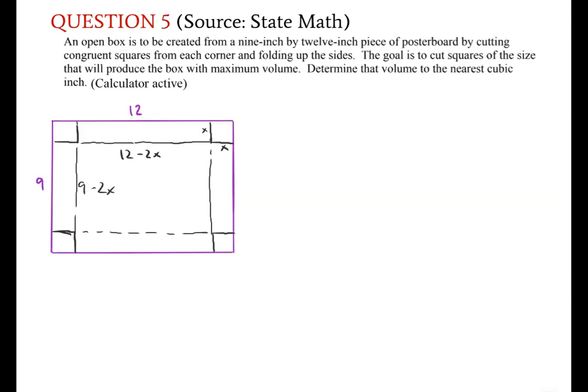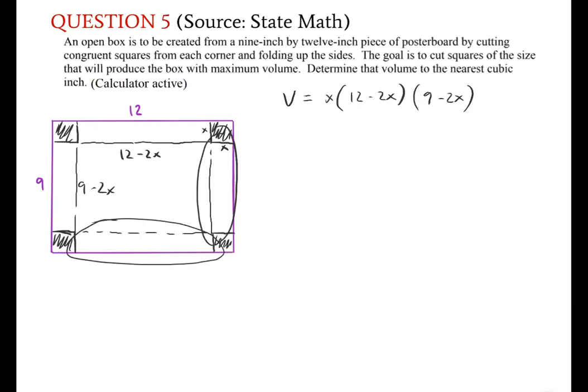And that means that the volume of the entire box is x times (12 minus 2x) times (9 minus 2x). So you're taking away all of these squares. Well, you're cutting them out. So when you fold all of these flaps up, then they'll form an open box.